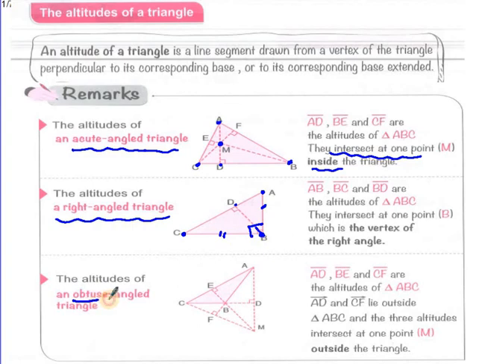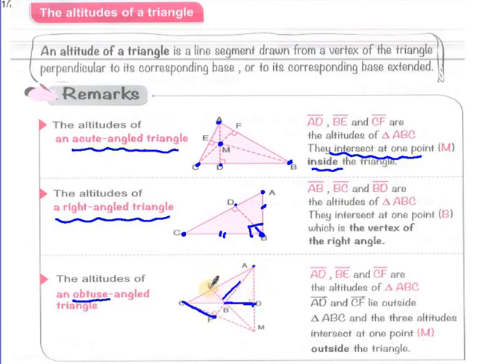Here in the obtuse angle triangle, they intersect outside. Let's see, here the vertex and the side in front of it, the corresponding side, but here I have to extend this side to join the altitude. Here again I have the vertex and the side in front, so I have to extend this side to make the altitude.